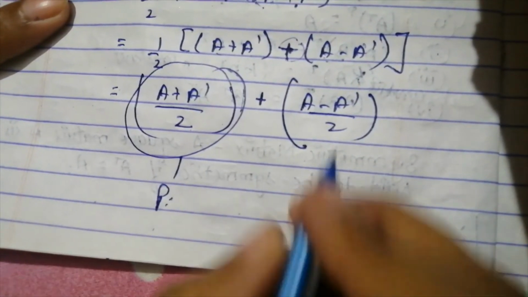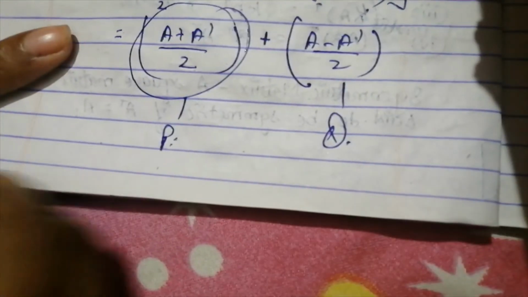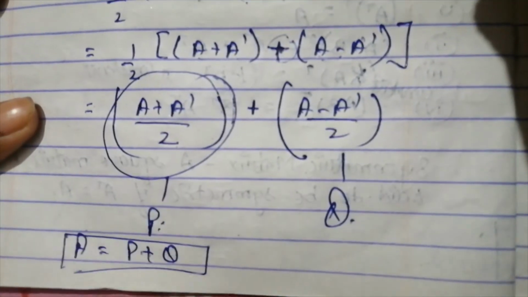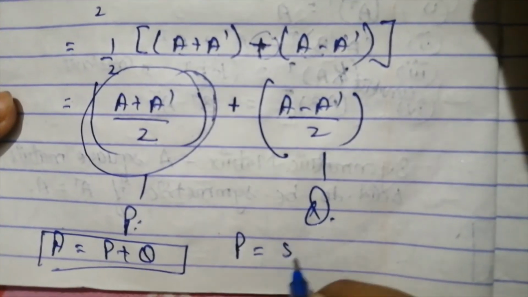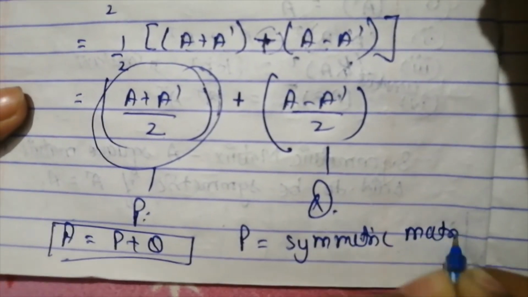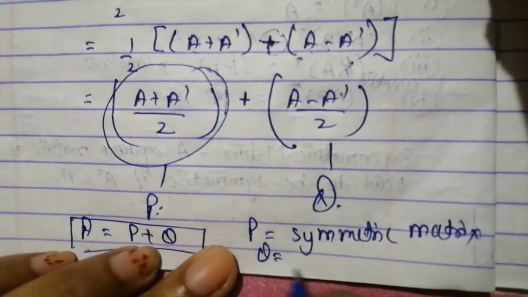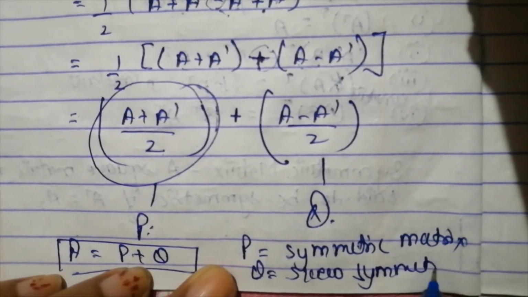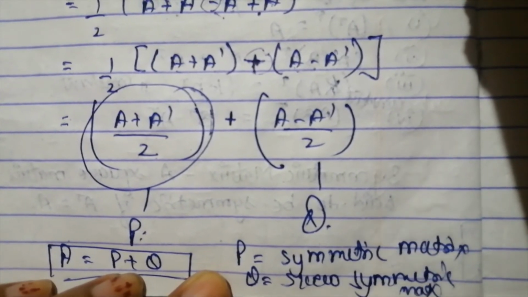This will be our P and this will be our Q. So A is equal to P plus Q, where P is a symmetric matrix and Q is our skew symmetric matrix.